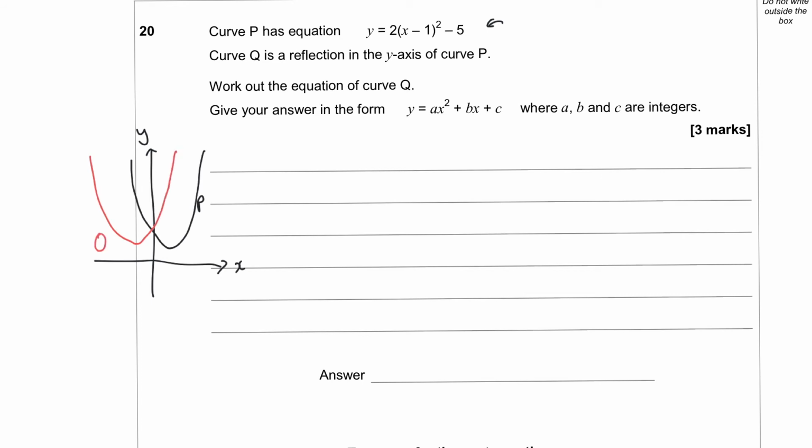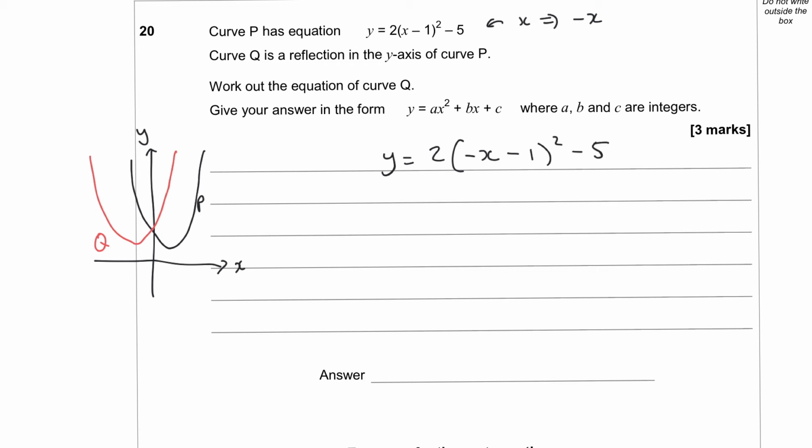This is our equivalent of the Q. Notice how with Q it's come up with more negative values of x. So then we're going to substitute x for minus x. Then that will be y is equal to 2 bracket minus x minus 1 squared minus 5.